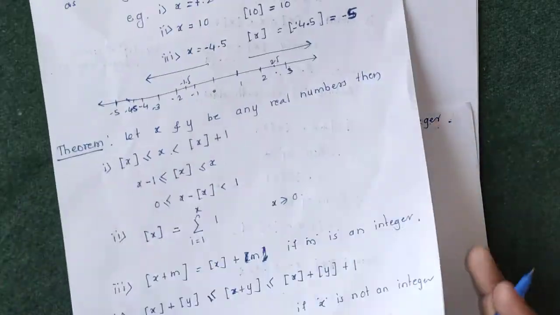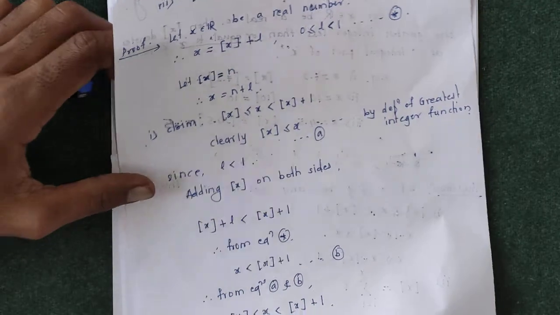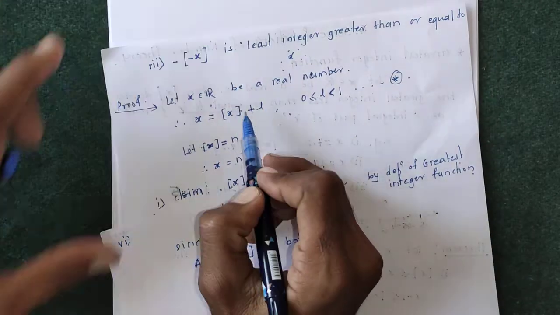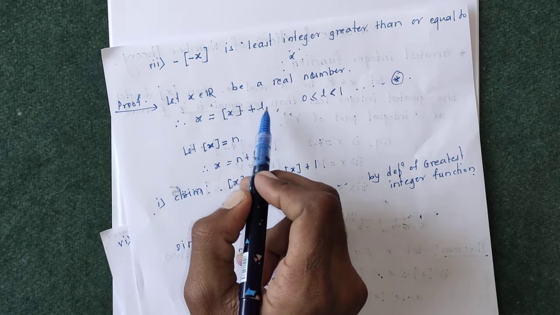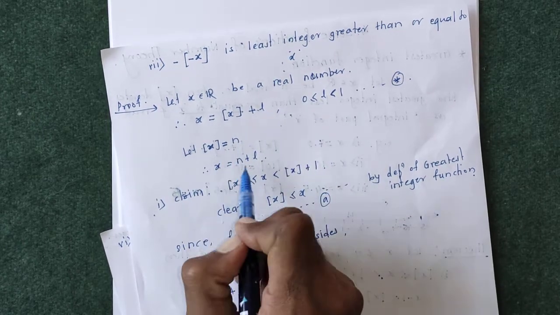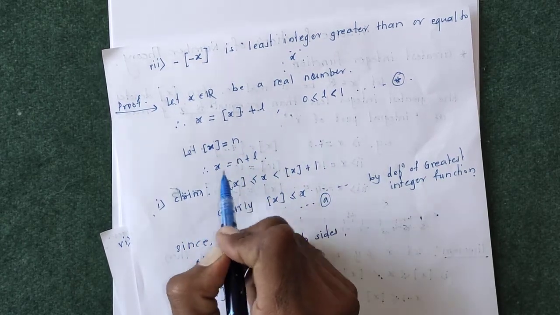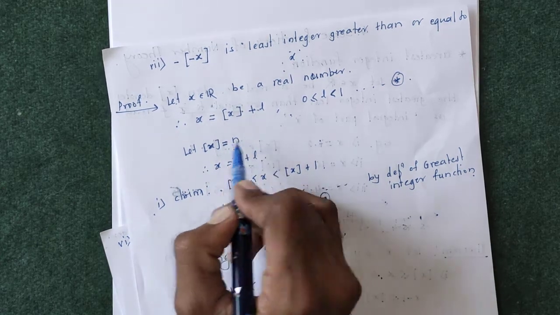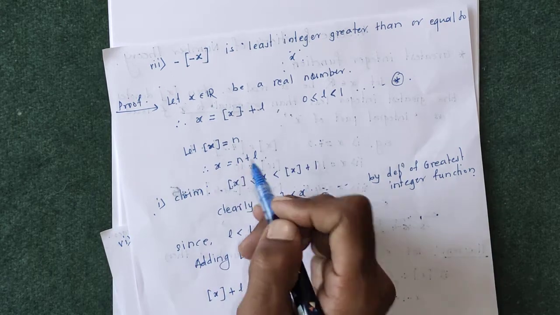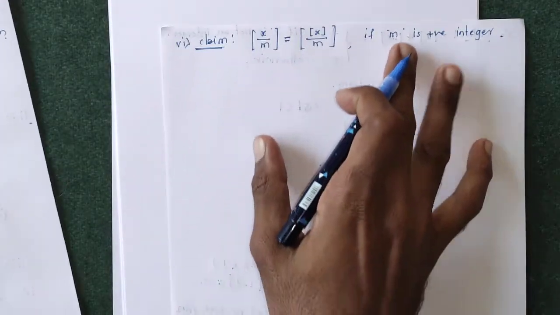So in the beginning of these proofs we have seen x belongs to R, a real number, therefore x is of the form integral part of x plus L, and also we have seen the integral part of x is equal to n, so x can be written in the form n plus L. We have supposed the integral part of x is equal to n. This supposition is for our proof of sixth property.